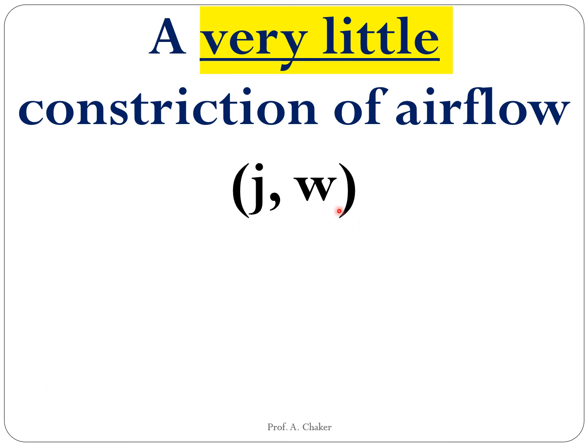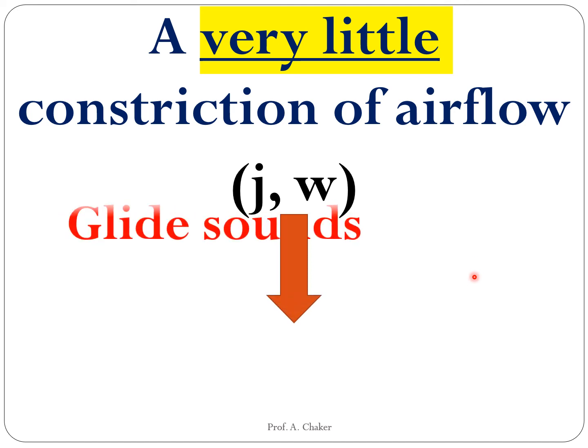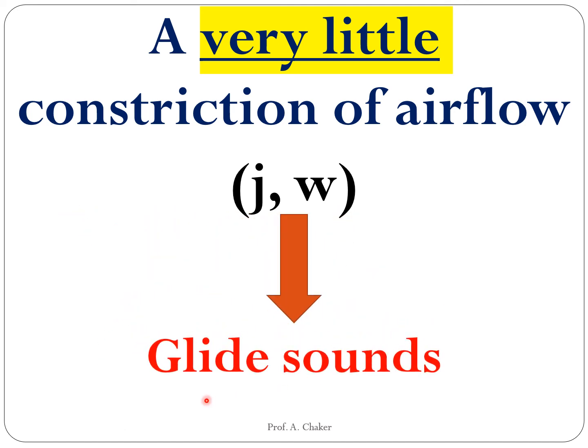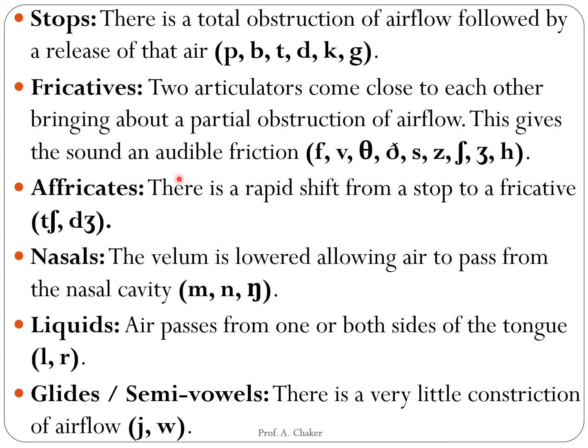So this is why we call these two speech sounds semi-vowels in English, right? They have a characteristic of vowels and they have another characteristic of the consonants, okay? These are called glide sounds. This is a summary of what we have said about the manner of articulation, the different manners: stops, fricatives, affricates, nasals, liquids, and glides or semivowels, right?